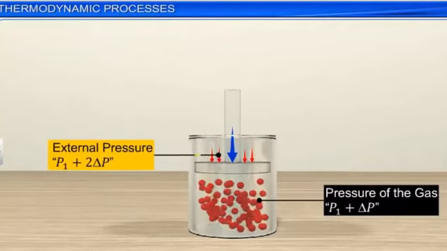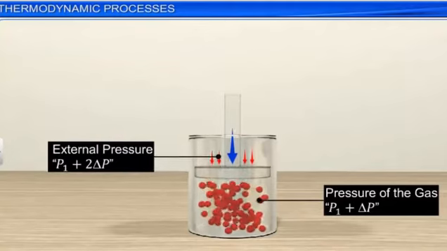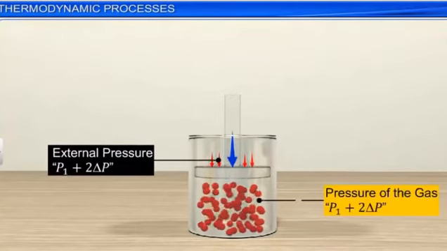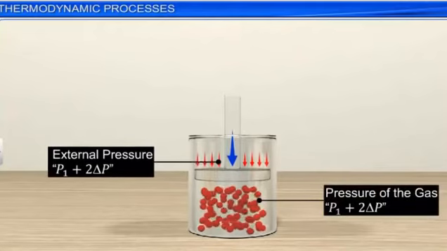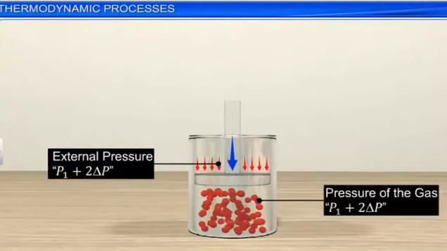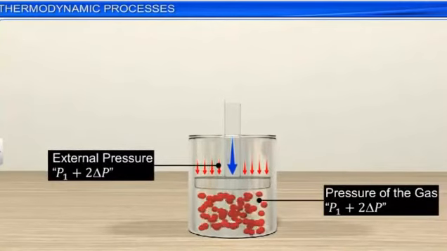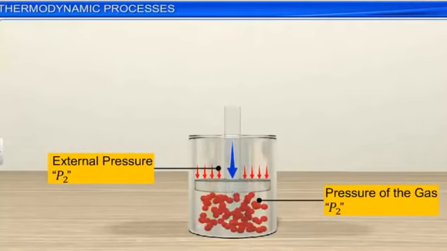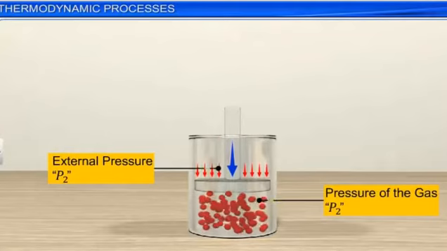And again, allow the gas to equalize its pressure with that of its surroundings. Continue the process slowly till the pressure of the system reaches P2. This way, we see that at every stage, the gas is in mechanical equilibrium with its surroundings.